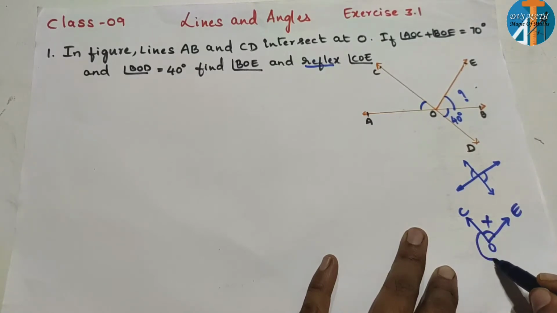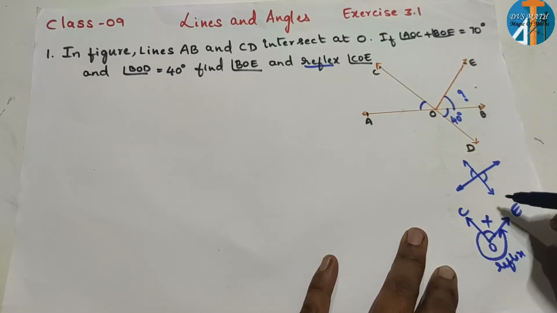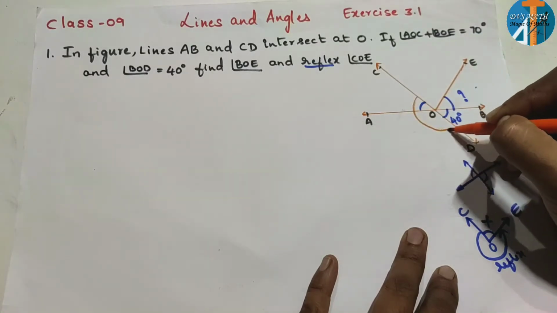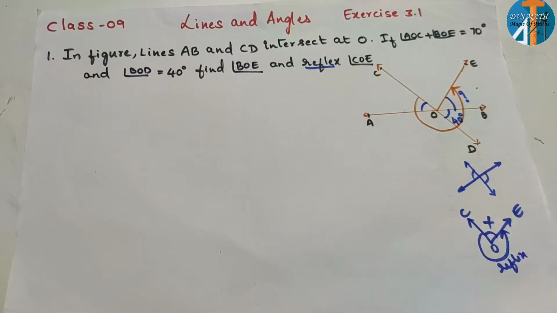We have to consider the reflex angle like this. This is more than 180 degree, less than 360 degree. We have to consider the whole angle like this, that is COE. Okay, let's find one by one.